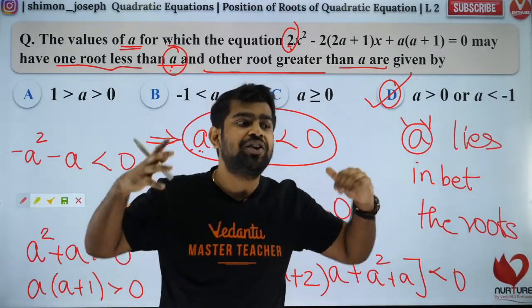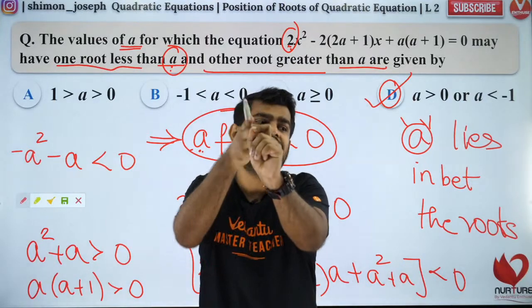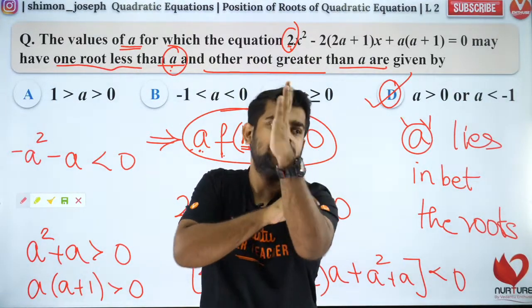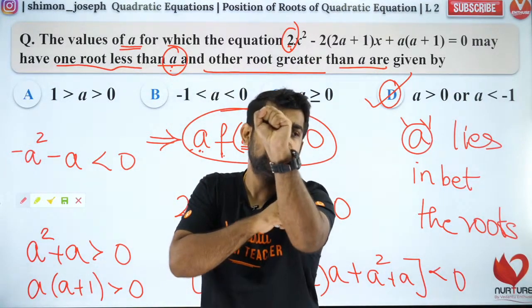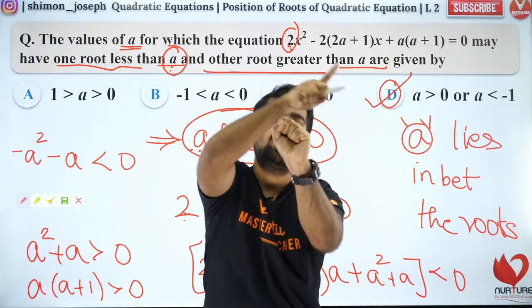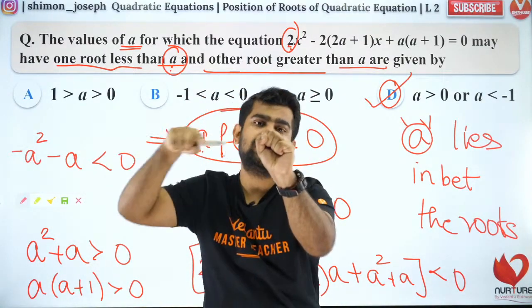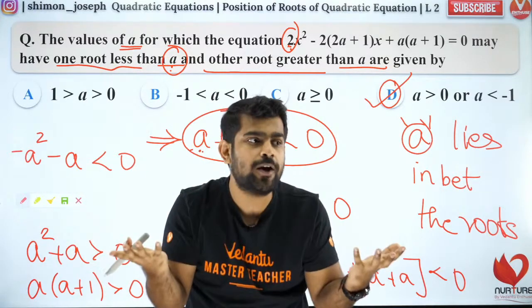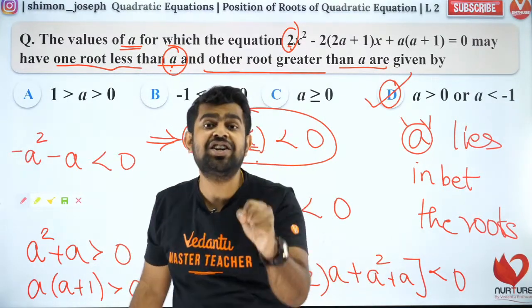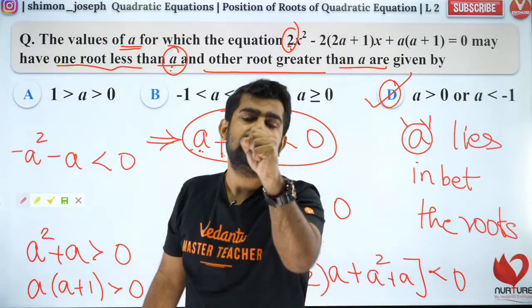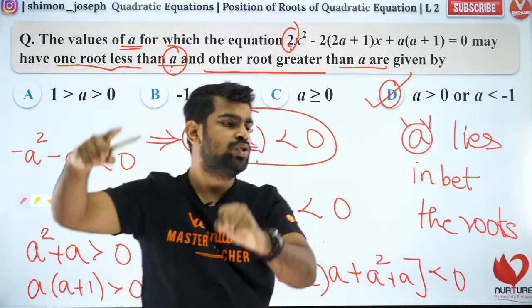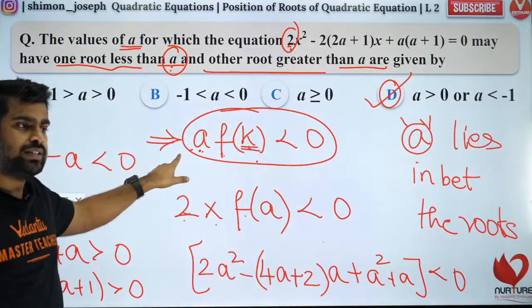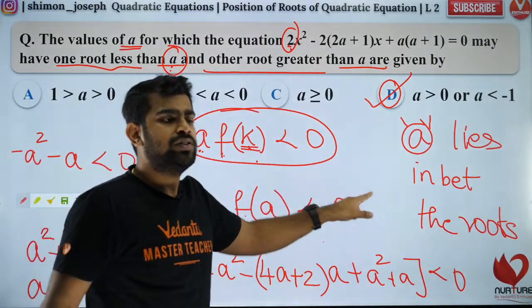Let's say this is a, my hand is a. One root is less than a, one root is greater than a. That means this a lies in between the roots. That is what I taught you, the condition when a number lies in between the roots. That is what I'm using. Got it? So try to practice it.